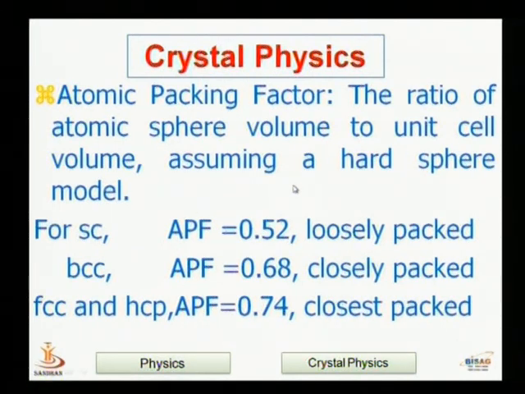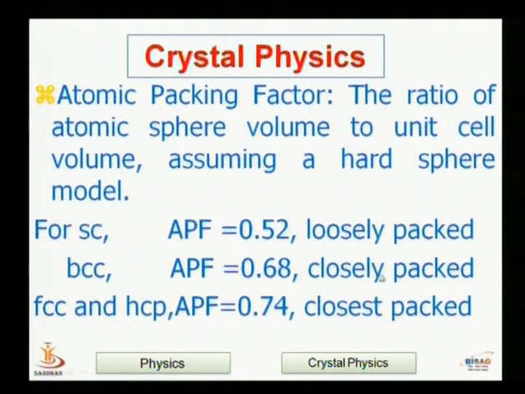On the basis of the APF value, simple cubic is a loosely packed structure. BCC is neither less nor high, so it is a closely packed structure. And for FCC and HCP, 0.74 means 74%, so it is known as the closest packed structure.